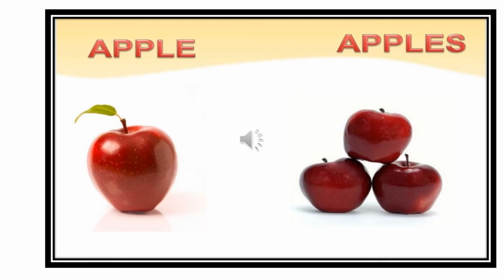On the left it's a single apple, spelled A-P-P-L-E, while on the right there are three apples, which means the apple has been multiplied. They are many. So we have added s in the spelling of apple, and it became apples.